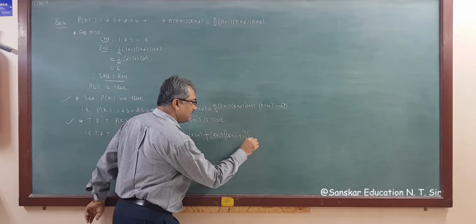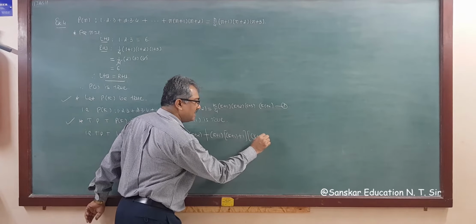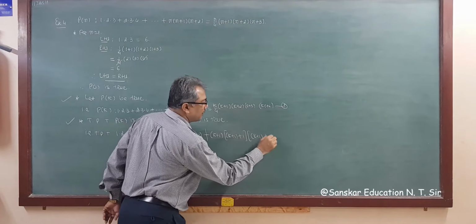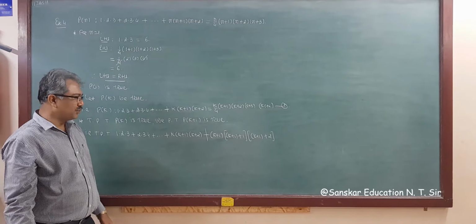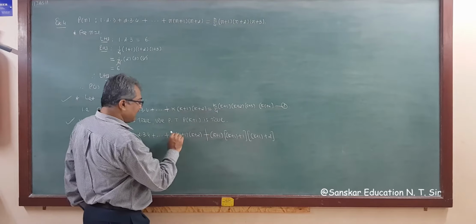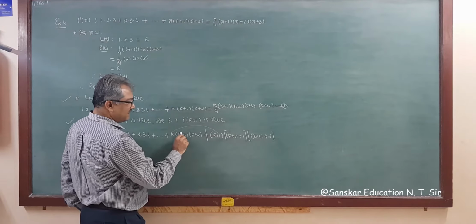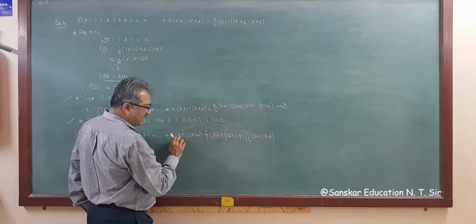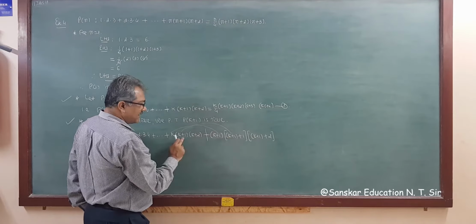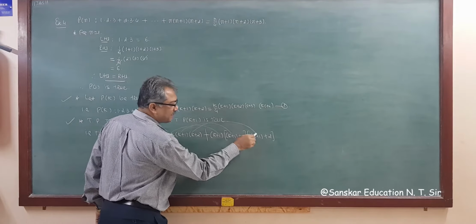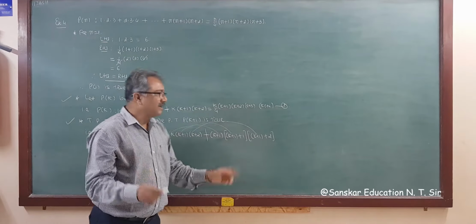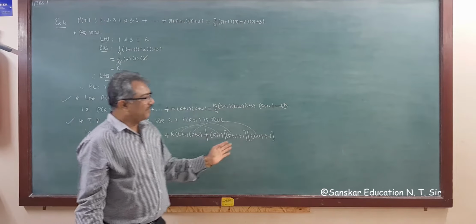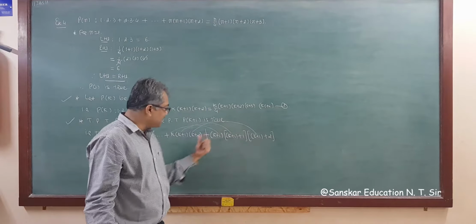So what we get? k plus 1 plus 2. Got it? This k is replaced by k plus 1, and plus 1 as it is. This k is replaced by k plus 1, and then plus 2 as it is. Got it? Is equal to. We want some space here, so I am writing the right hand side here.